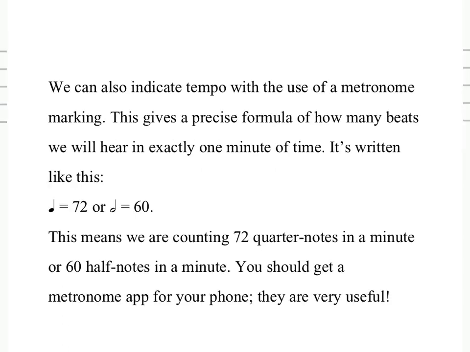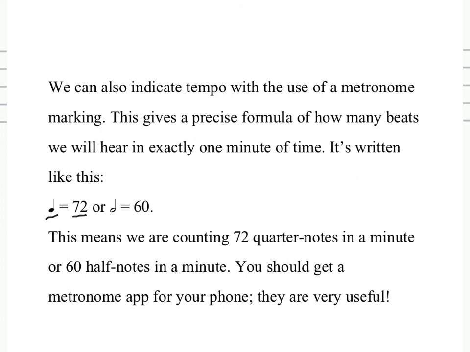We can also indicate tempo with the use of a metronome marking. This gives a precise formula of how many beats we'll hear in exactly 1 minute of time, and it's written like this. So when we have a metronome marking, we indicate what unit and how many in a minute. The first one says that the quarter note equals 72, or in other words, in 1 minute, we'll hear 72 beats, each lasting a quarter note long.